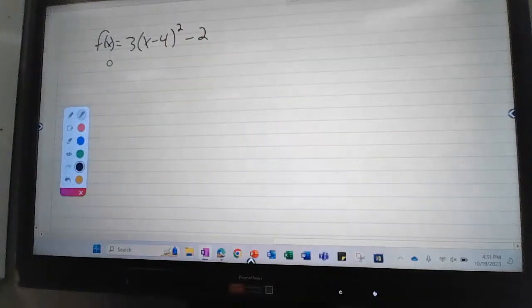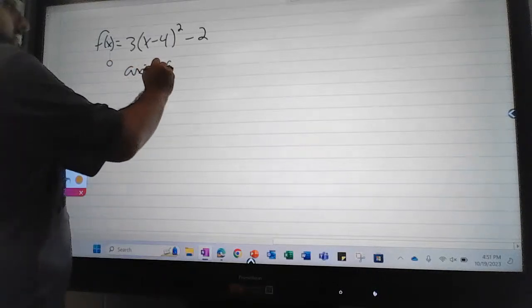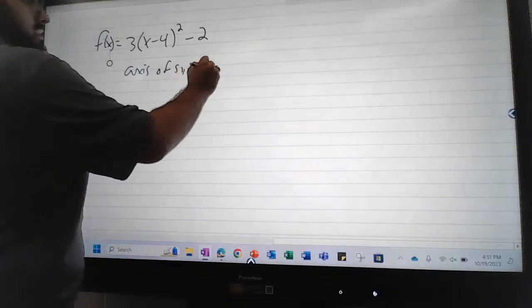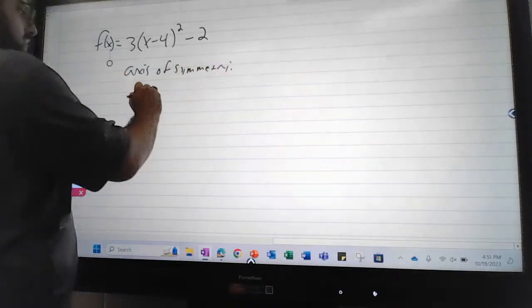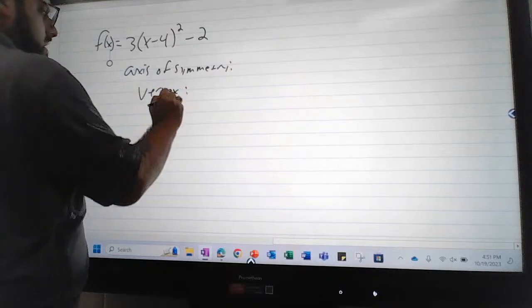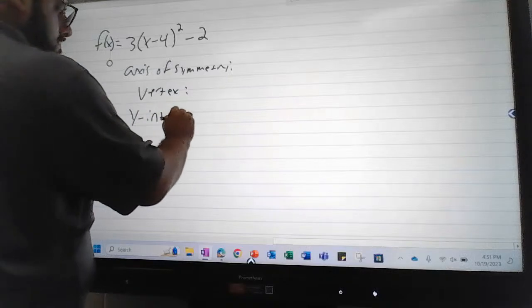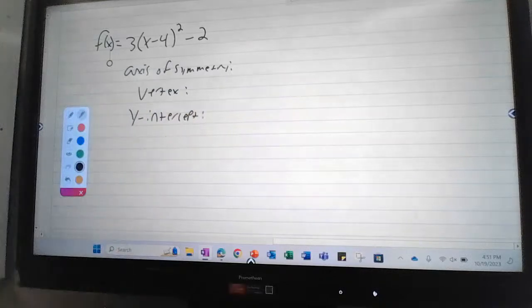Okay. So I want to know what my axis of symmetry is. I want to know what my vertex is. And I want to know what my y-intercept is. So first things first, axis of symmetry.